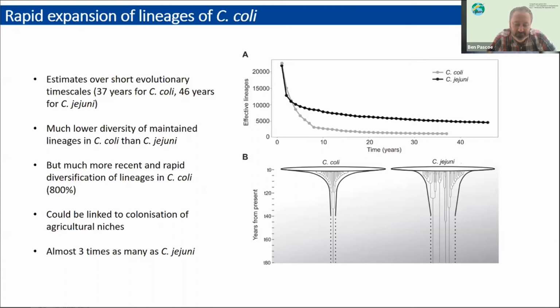So in the past 8 years into the sample time frame, there was an increase of effective lineages of C. coli by 800%, which was almost 3 times more than C. jejuni. And this could be linked to colonization of agricultural niches, and C. coli diversifying much later on than C. jejuni.